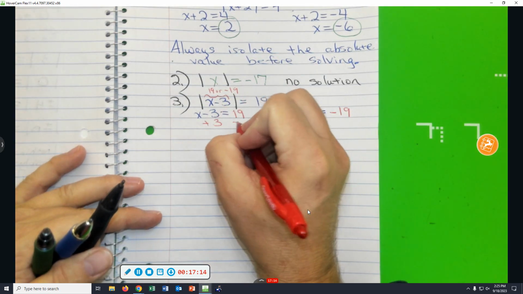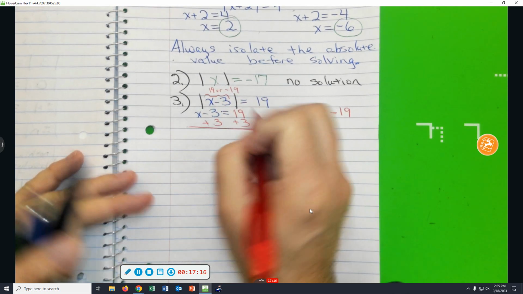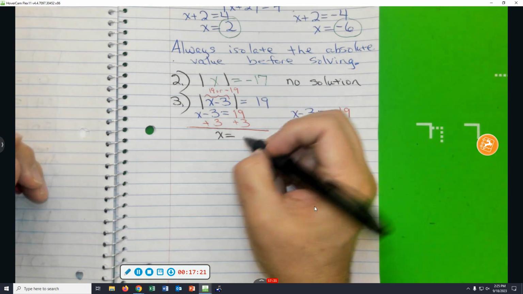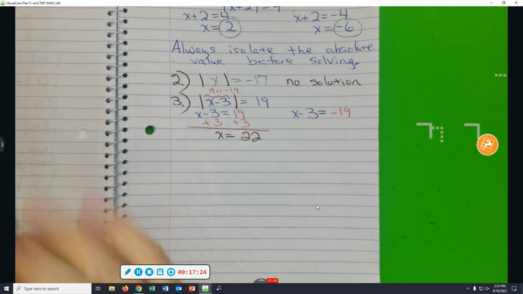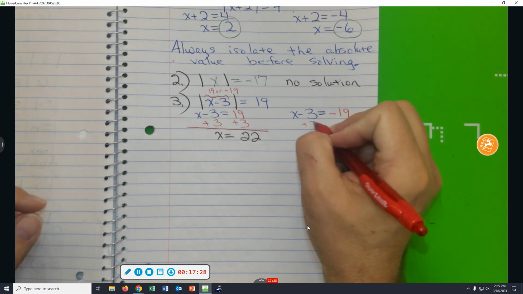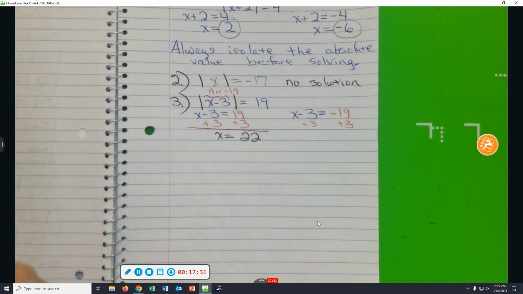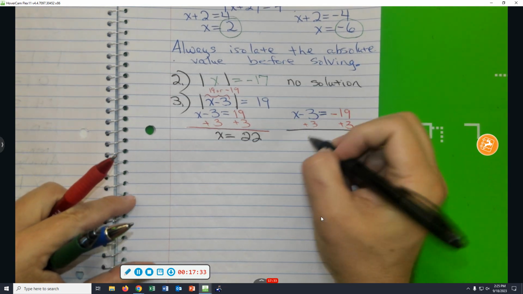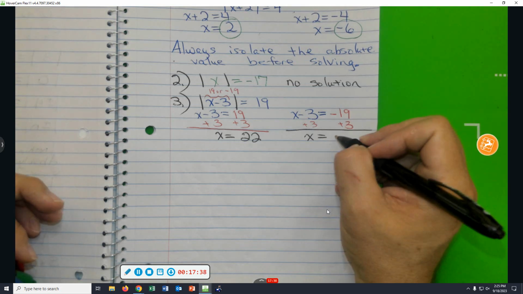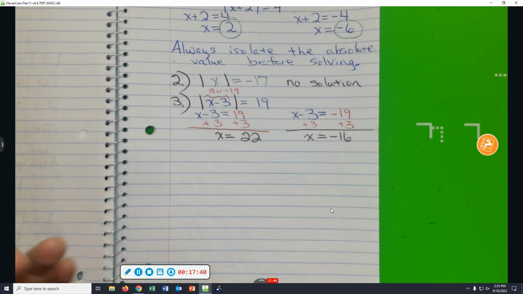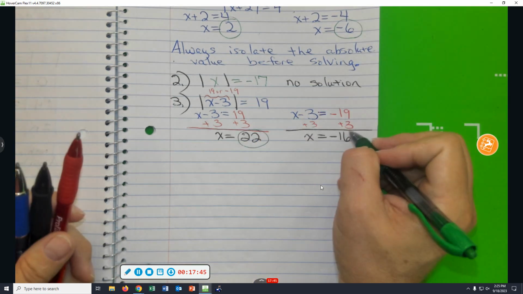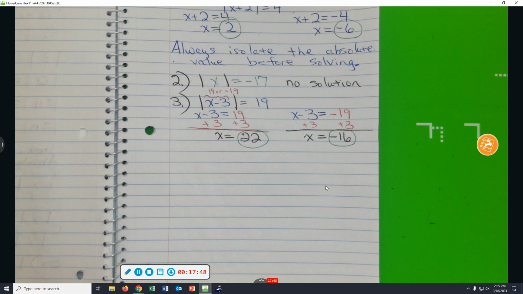Undoing the minus 3, we add 3 to give us x equals 22. Here, we have that minus 3, so we're going to have to add 3 again. Negative 19 plus 3 is negative 16. So my two solutions are 22 and negative 16.